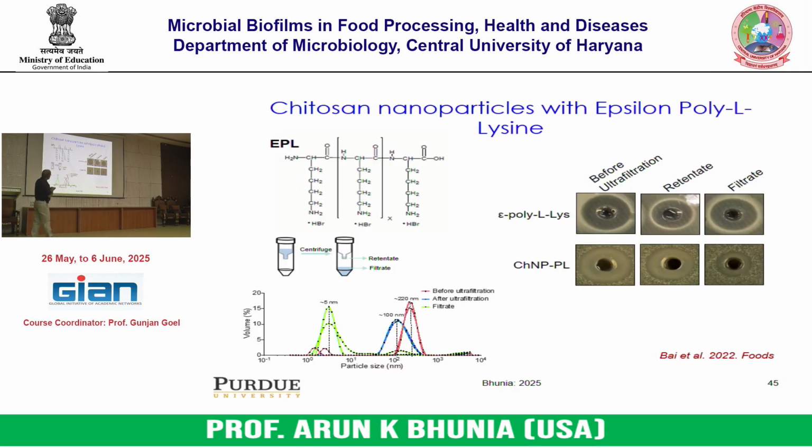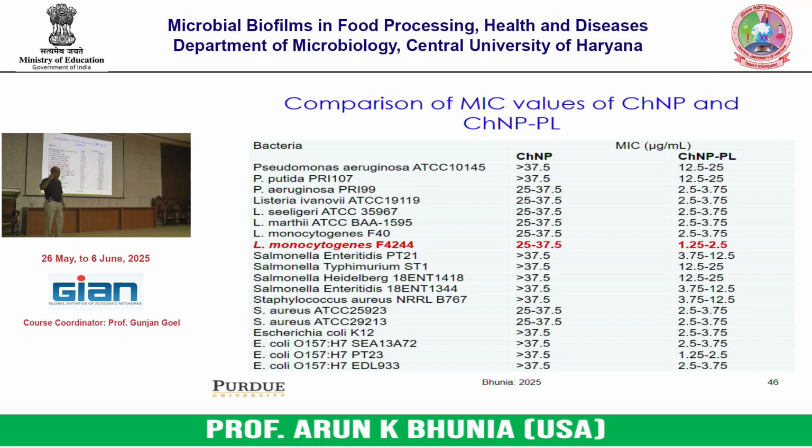And so the student synthesized it, he conjugated the polylysine, and then you tested a chitosan nanoparticle, just the chitosan nanoparticle, versus chitosan nanoparticle conjugated to polylysine, which is the antimicrobial. We wanted to see if they inactivate microbes, right? And so you are measuring the minimum inhibitory concentration.